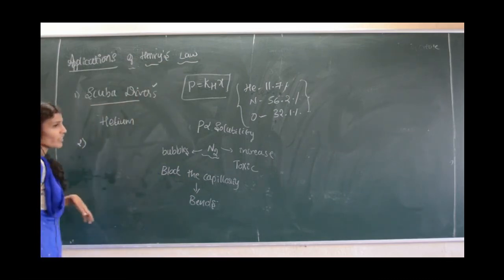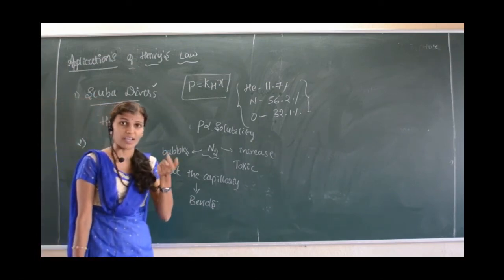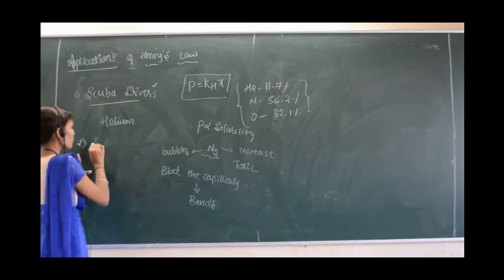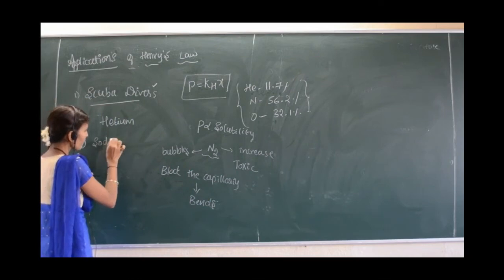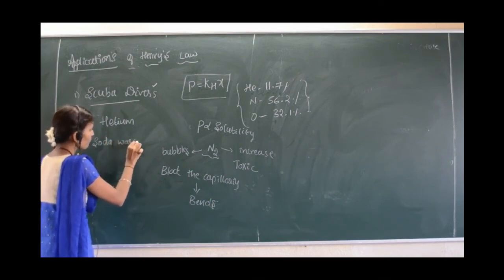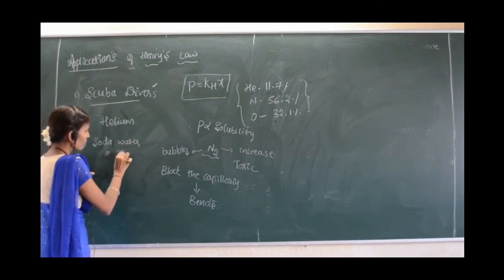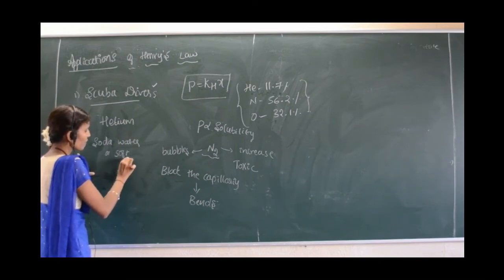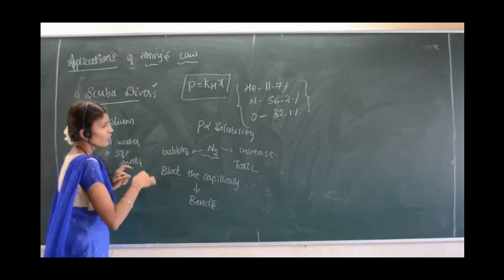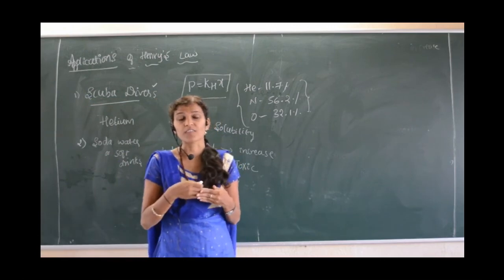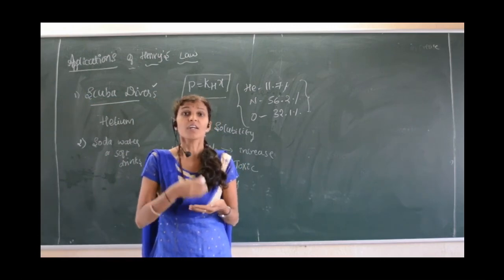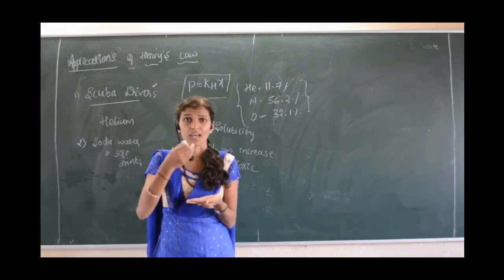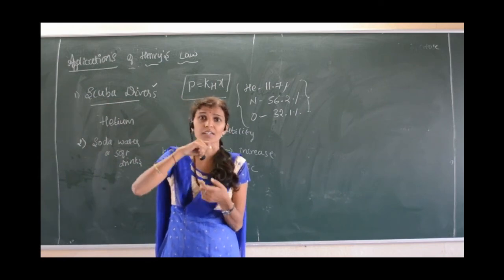And the second one is, as you know, soda water or soft drinks. In case of soda water and soft drinks, carbon dioxide is dissolved. The carbon dioxide is dissolved under higher pressure.